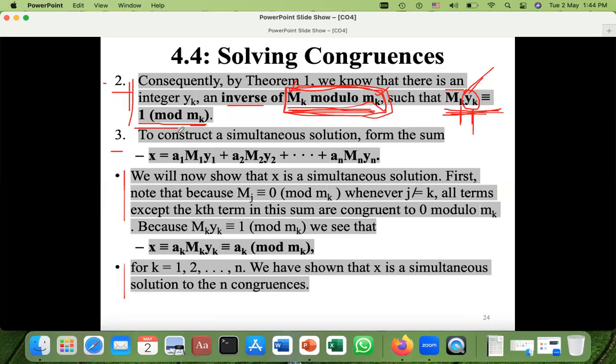So then the next step, you have to sum them up. You have to sum them so that it will give you the value for x.